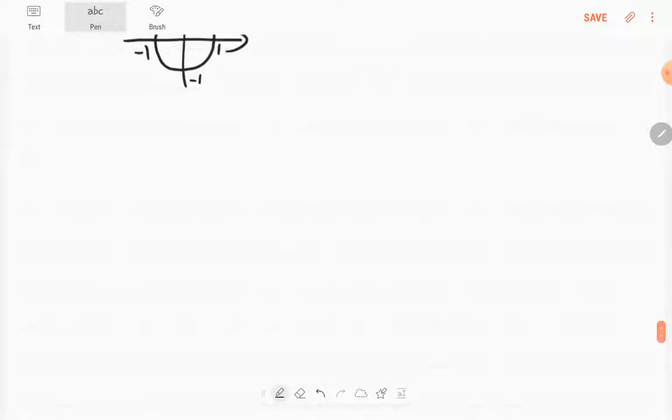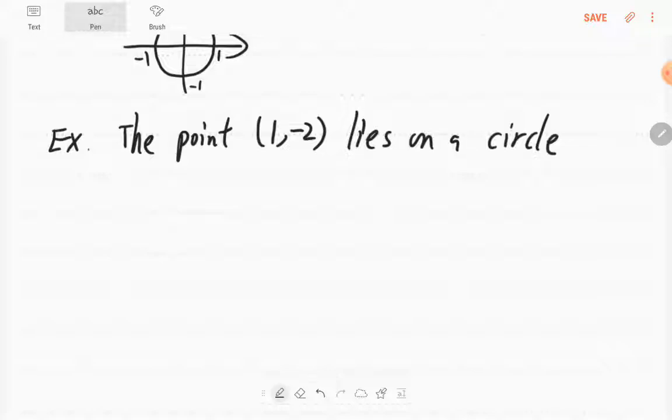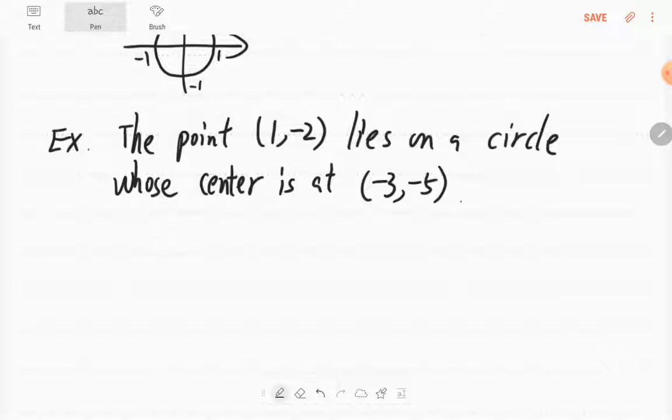So now let's look at this example. We know that the point 1, negative 2 lies on a circle whose center is at negative 3, negative 5.